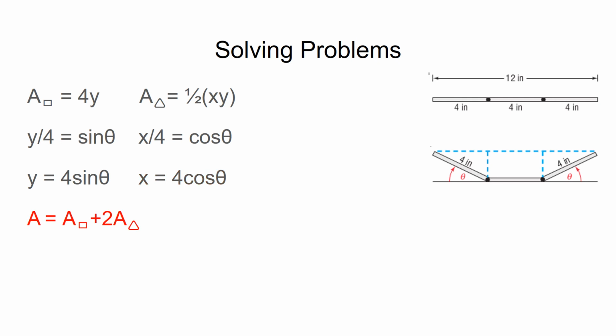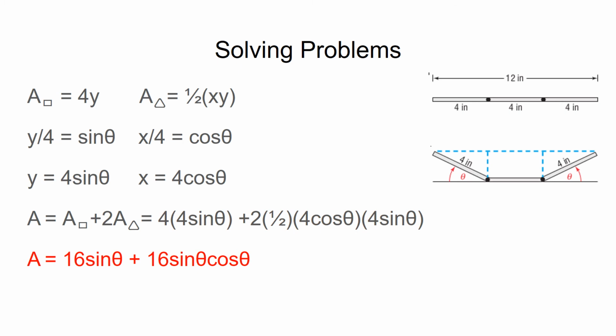The total cross-sectional area of the rain gutter is the area of the rectangle plus 2 times the area of one of the triangles, since the triangular areas are identical. The area of the rectangle, 4y, can be written 4 times 4 sine theta, and the area of the two triangles can be written as 2 times 1/2 times the base, which is x, which is 4 cosine theta, times the height, which is y, which is 4 sine theta.